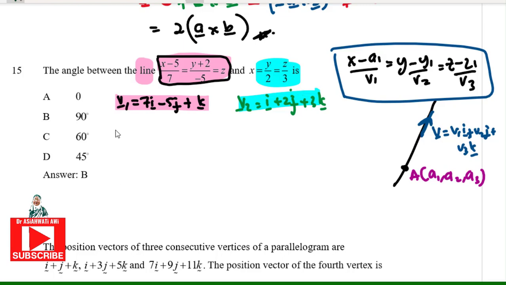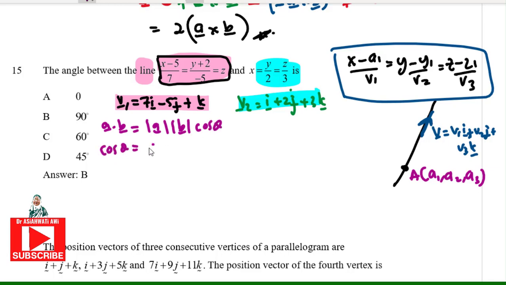Finding the angle between these lines means finding the angle between v1 and v2 using the formula a dot b equals modulus a modulus b cos theta.